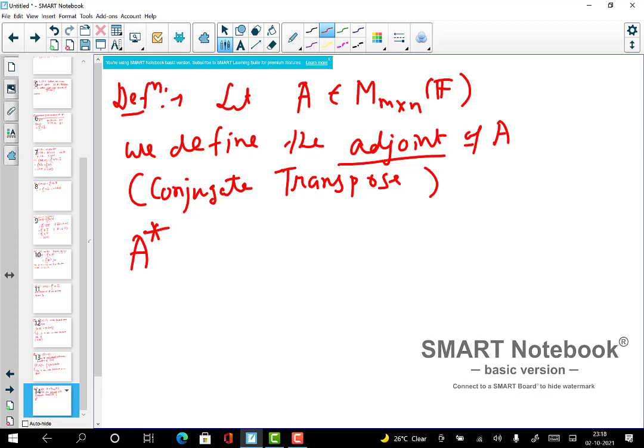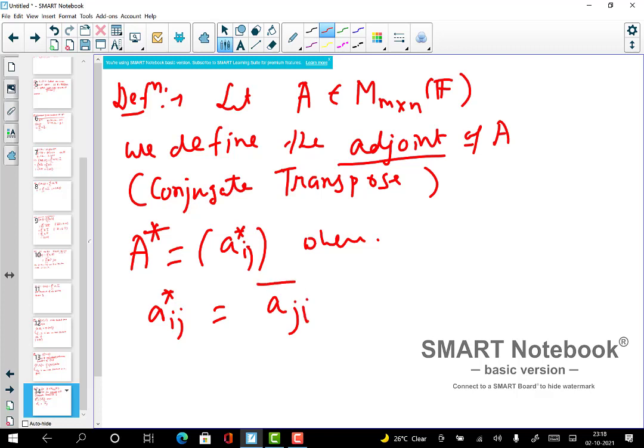The adjoint of A is denoted by A star. And what is A star? The entries of A star are of this form, where A_ij star is nothing but you first take the transpose and then conjugate it.